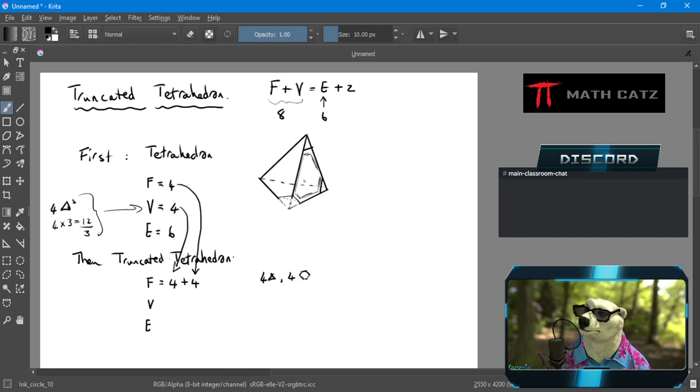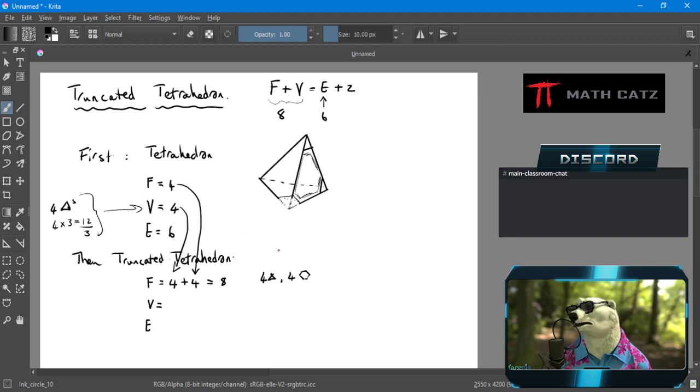It doesn't really look like a hexagon. It should be regular, but I don't want to cut too deep into the corner. So I have 8 faces in the truncated tetrahedron. Again, stop me if I need to repeat anything or anything happens.